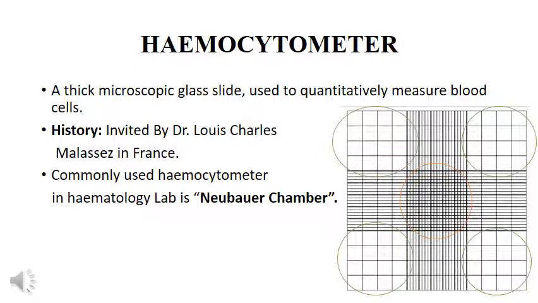So what is actually the function of the hemocytometer? It is a simple glass slide, slightly thicker than a normal glass slide, a microscopic glass slide used to quantitatively measure blood cells. It means you can manually measure RBCs, platelets, and WBCs by using a hemocytometer.